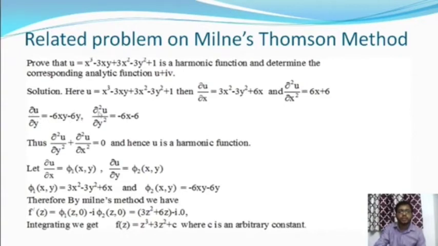From this we find the second order differentiation, and it will be minus 6x minus 6. Therefore del 2u del x squared plus del 2u del y squared, after cancelling the terms 6x plus 6 and minus 6x minus 6, we get 0.